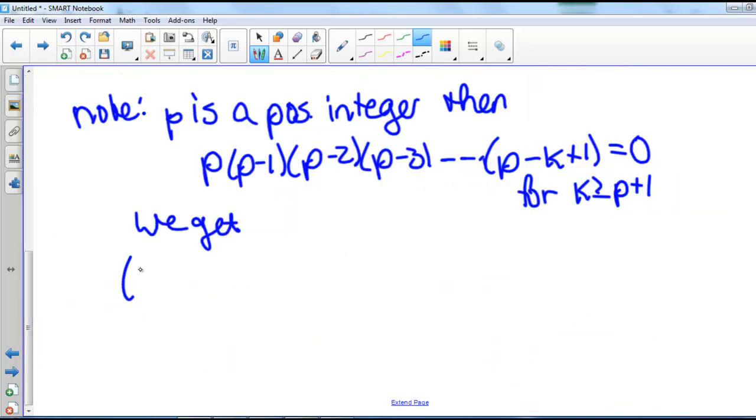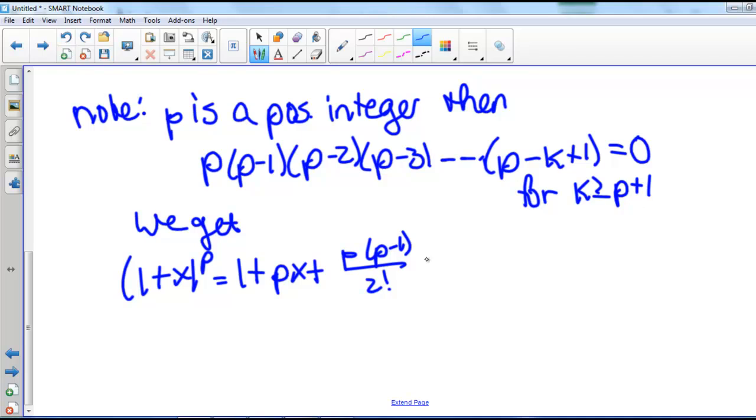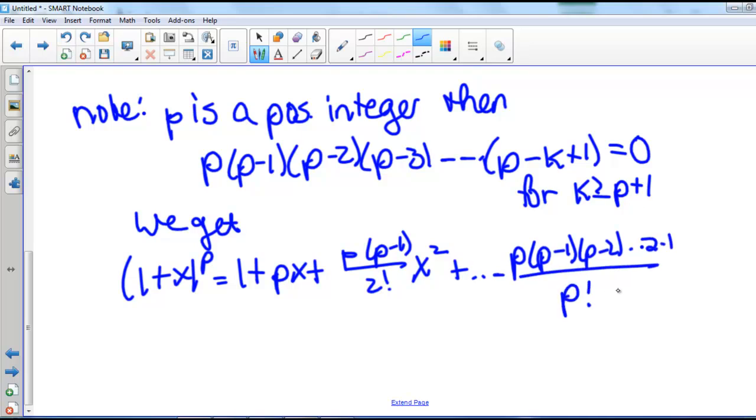And then we would get 1 plus x to the p is 1 plus px plus p times p minus 1 divided by 2 factorial x squared, and so on up to the pth term, which is p times p minus 1 times p minus 2 up to 2 times 1 divided by p factorial times x to the p, and then everything after that is 0. So we're getting a polynomial, and this brings us to a definition called binomial coefficients.